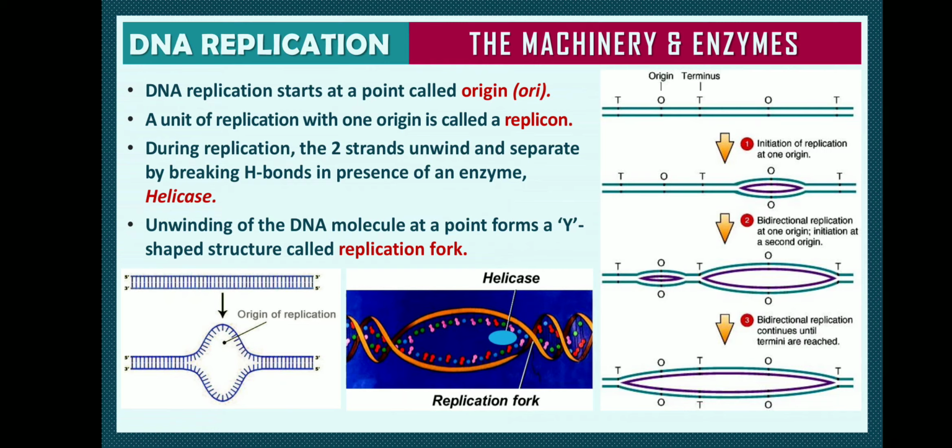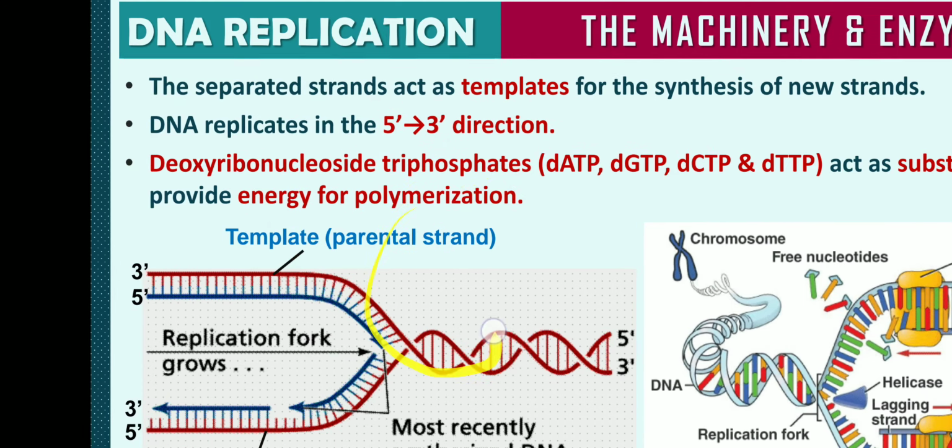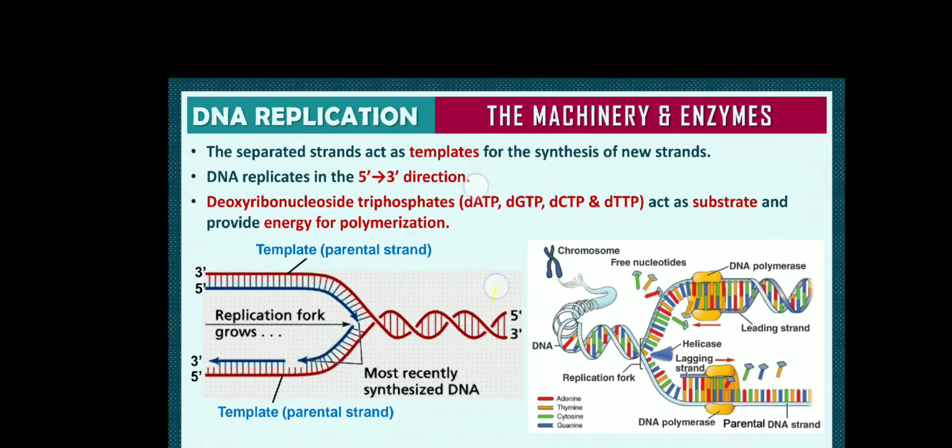Then the second thing we are going to see is the unwinding. When the unwinding takes place in this direction, the coiled double strand becomes single strand. This unwinding will create supercoils here, students.